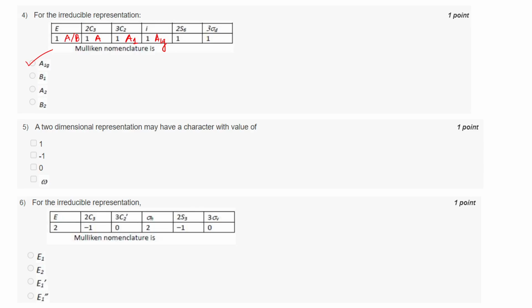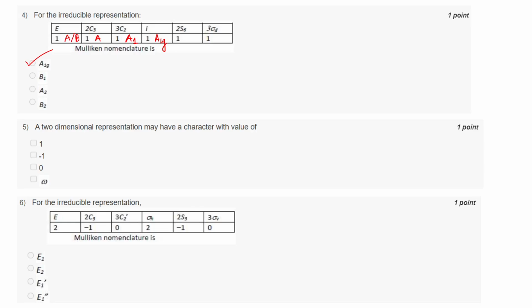Do you remember which two-dimensional representation you can remember? Which dimension? In the case of C3V, it had -1 and 0.